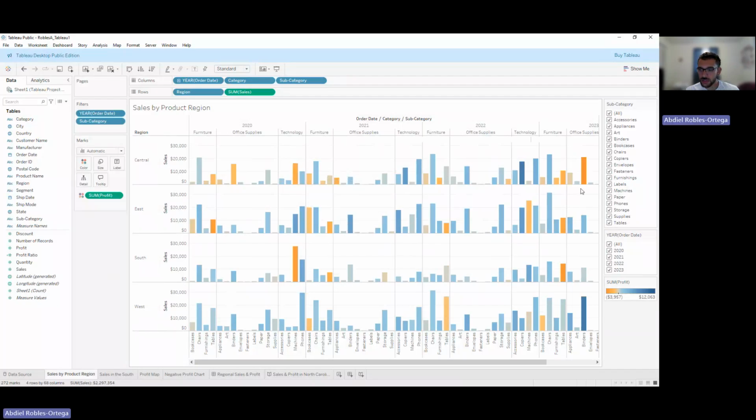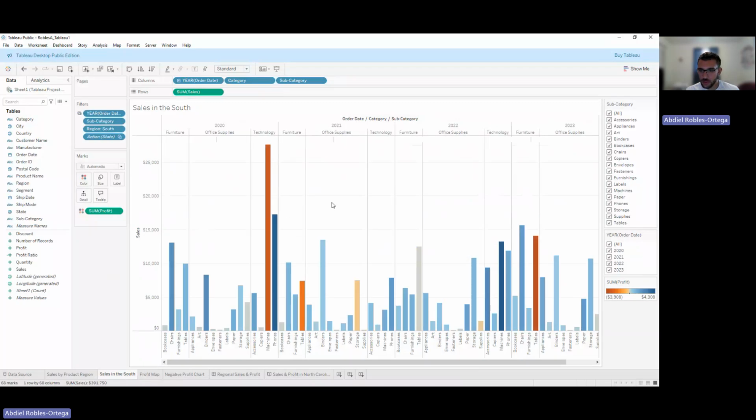And we can see this throughout the entirety of this sheet. If we move on to sales in the South, we can see more in-depth sales. Looking at just the Southern region, again, if we look at 2020, we can see that machines have upward sales of $27,594.